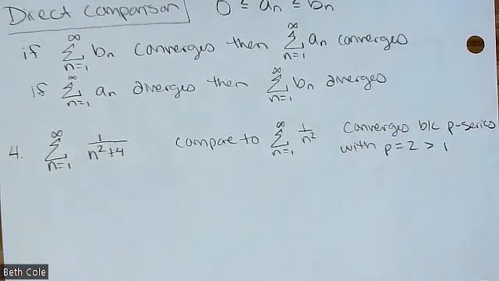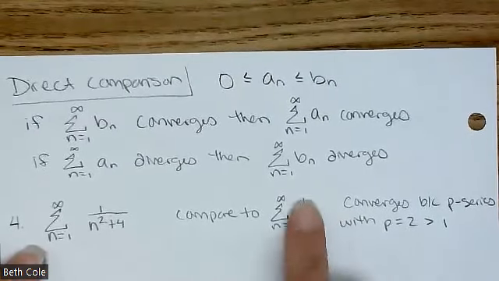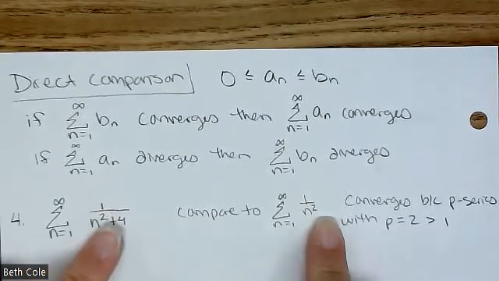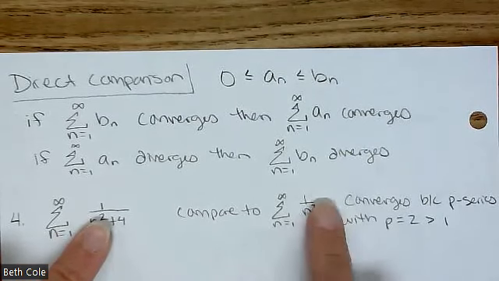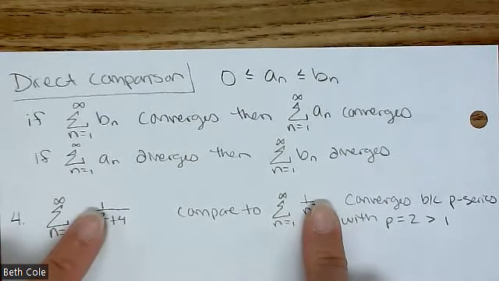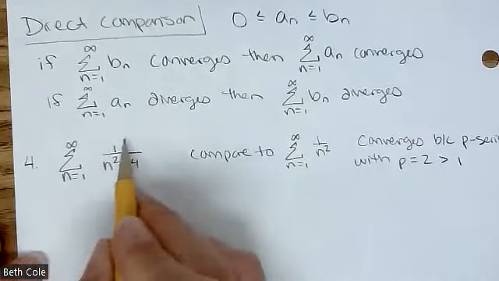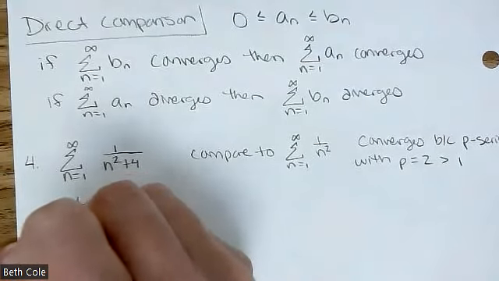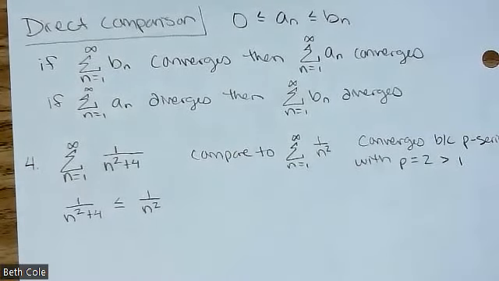So here's the goal. We want to say, because that one converges, the other one converges as well. But we have to prove that this is the bigger one and this is the smaller one. If the bigger one converges, then the smaller one does too. So we have to show that this is bigger than this. That's what we have to do. Okay, so I usually write it out the way that I want it to go and then just see if it makes sense. Is this 1 over n squared plus 4 gonna be smaller than 1 over n squared?